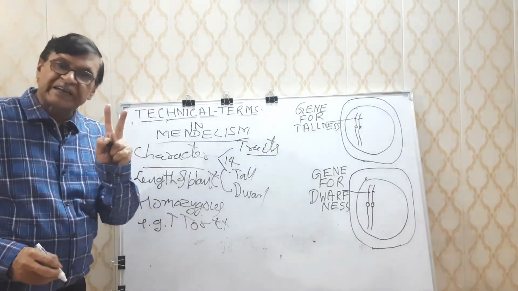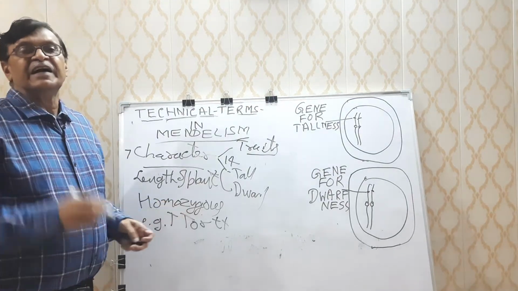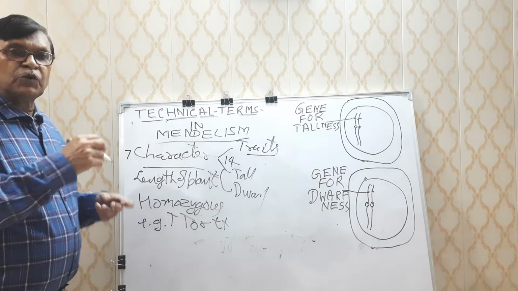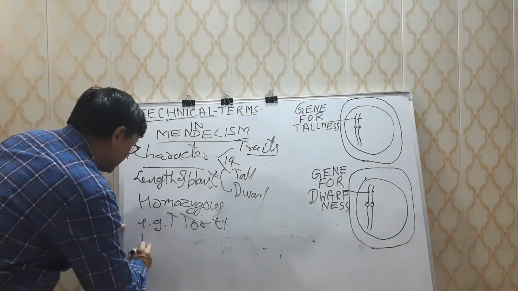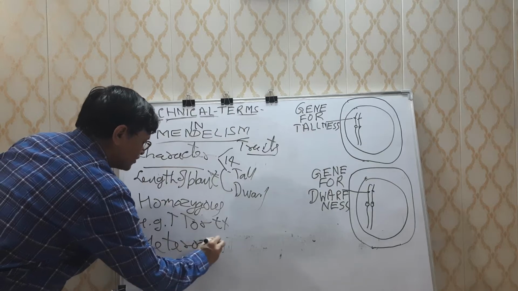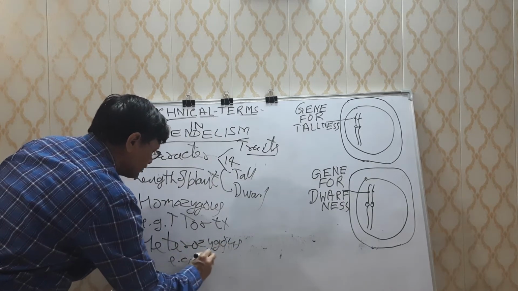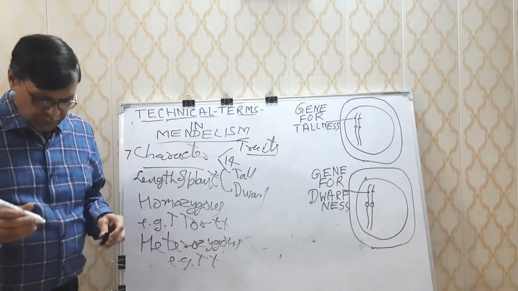So when both factors are of the same type, it is called homozygous. And when both factors are of different types, then it is called heterozygous. For example, capital T, small t.